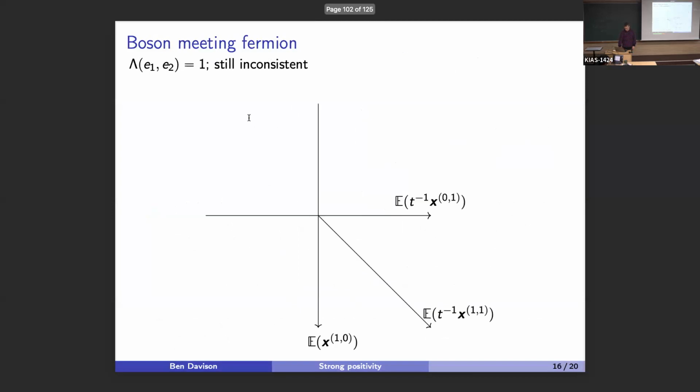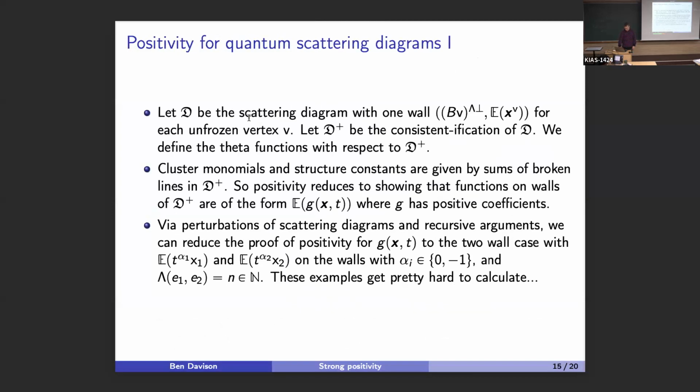So, right, here was the point. We could copy a lot of what GHKK did. What we want to show is that if you start off with a very simple scattering diagram, the one in bullet point 1, and you make it consistent, then the only things you see on the walls are positive functions.